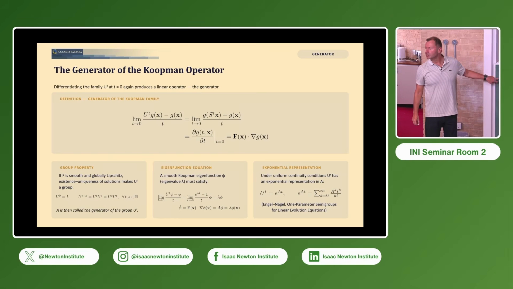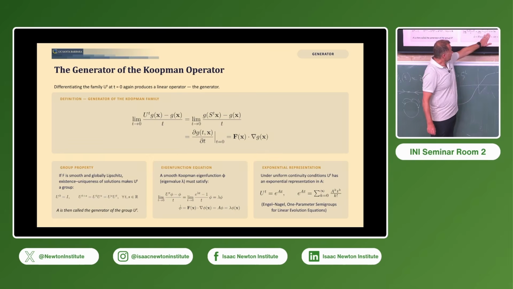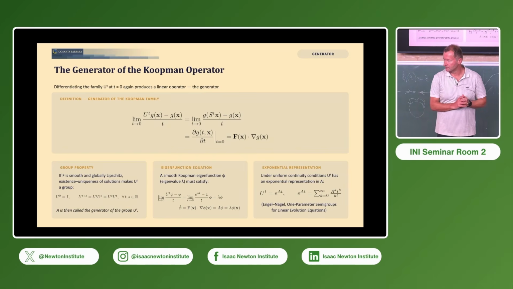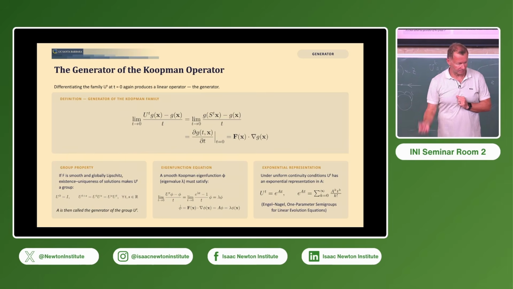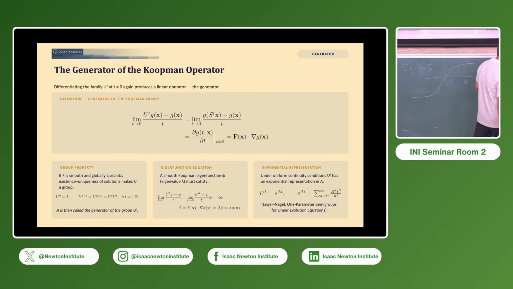So when you exponentiate this, you get that phi at time t is e to the lambda t phi. So you get phi dot is equal to lambda phi, right? That's the equation that I just wrote. When you write down Koopman eigenfunctions, they have an exponential evolution in time. That is their property. That is useful.